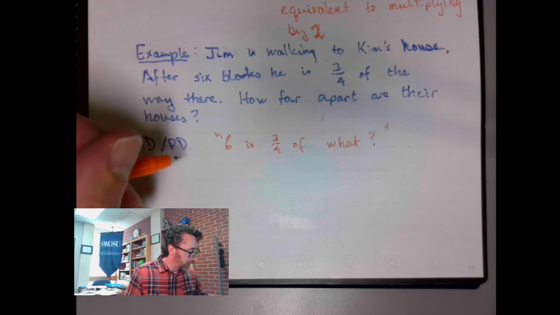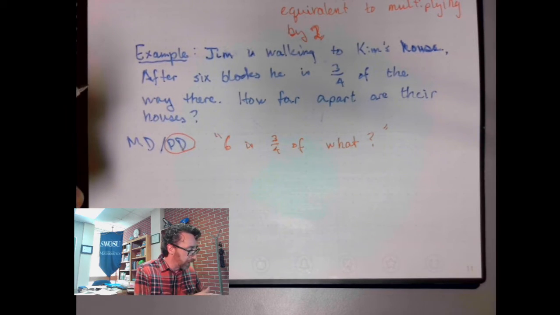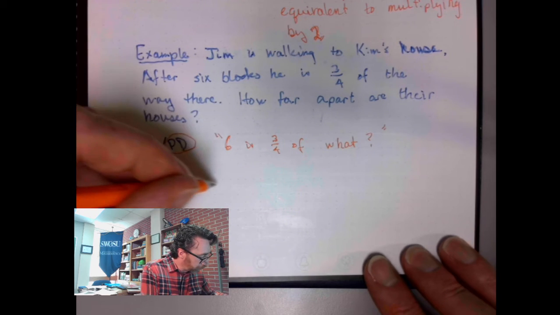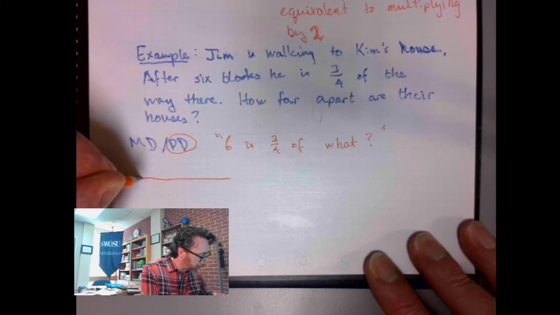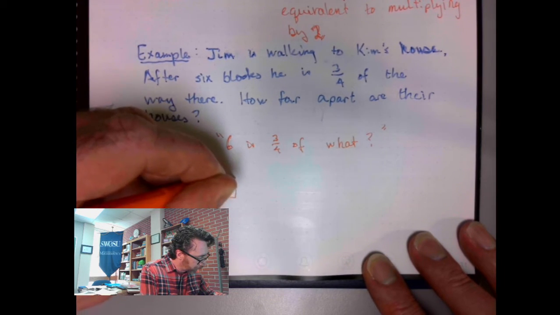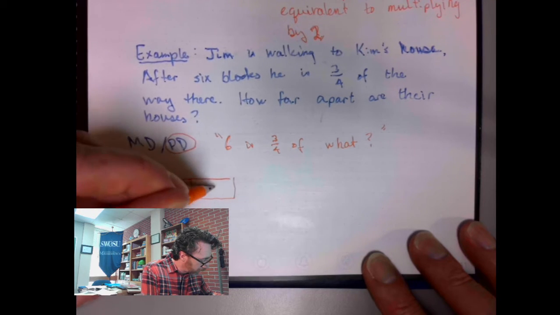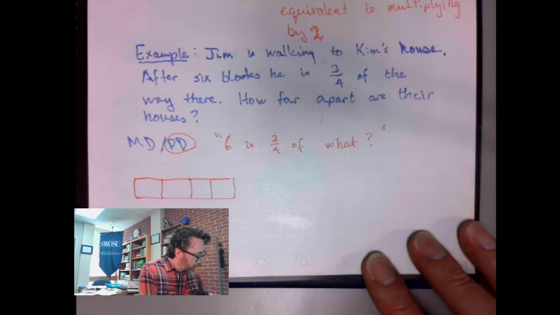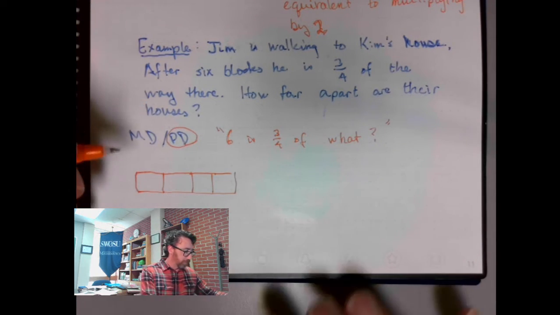This is actually partitive division. We need to know how big the pieces are. We can actually do this very nicely with a little bar diagram. So I take my bar diagram, I break it up into 4 pieces.